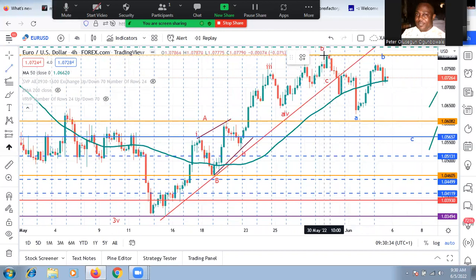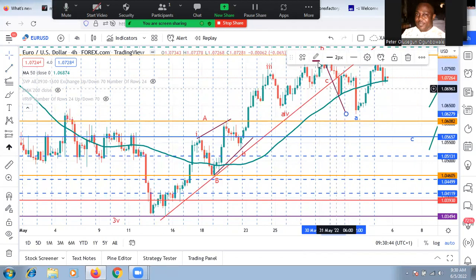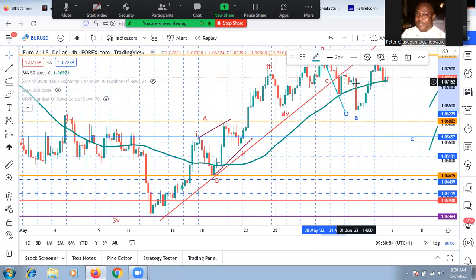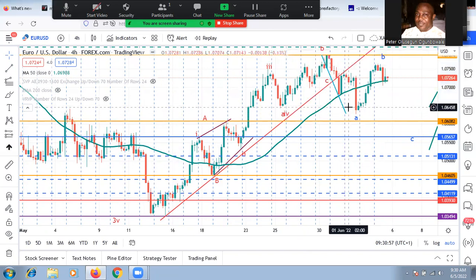This is going to run like this. Let me use this. It's going to run like that. So in terms of wave, I want us to actually understand this thing.